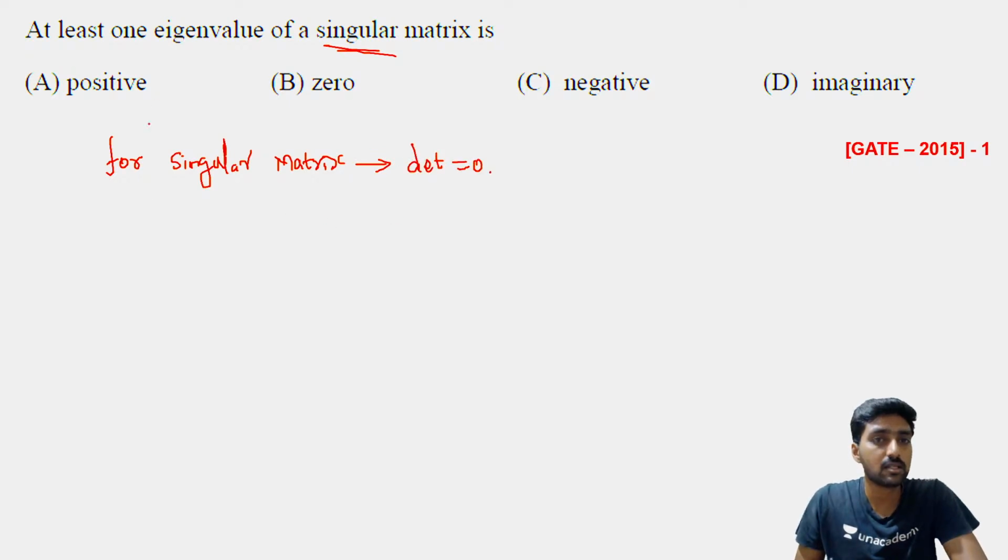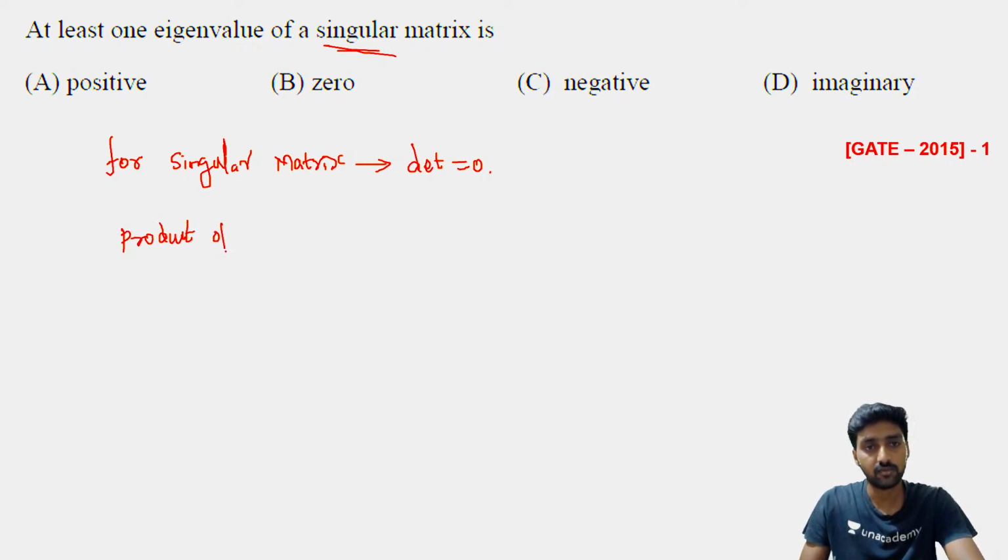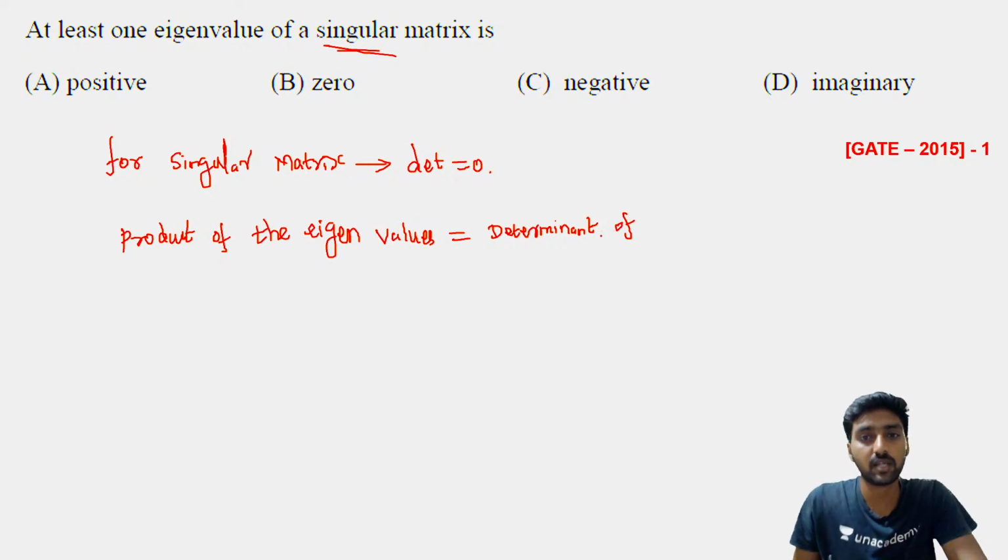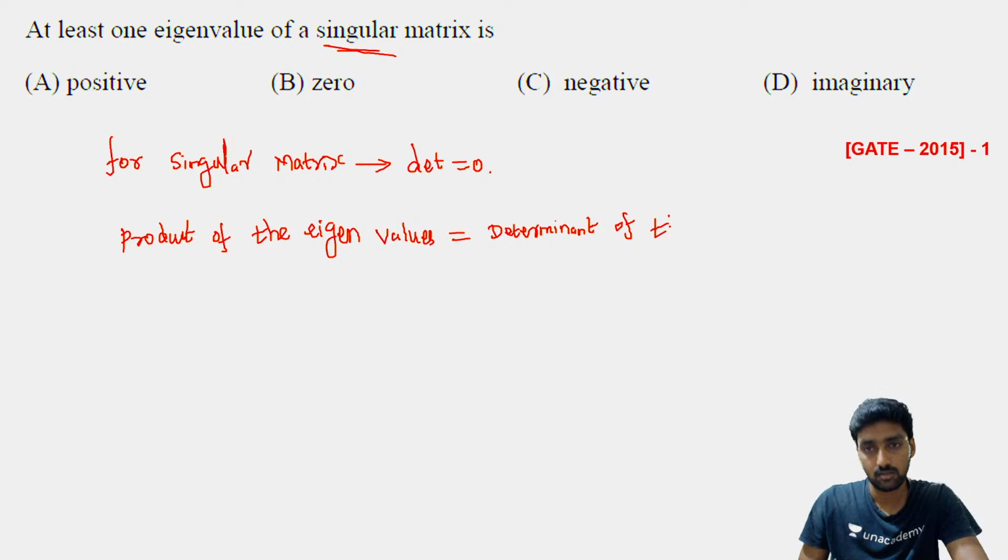Okay, and product of the eigenvalues is equal to the determinant of the matrix, right?